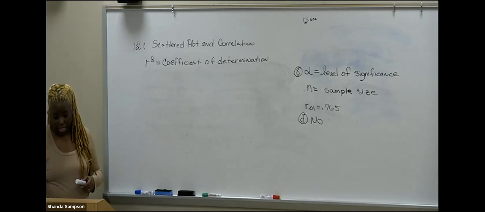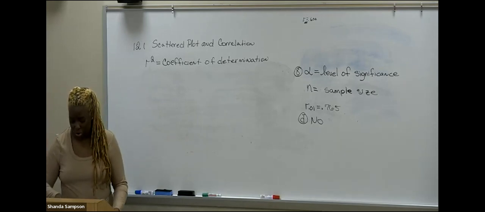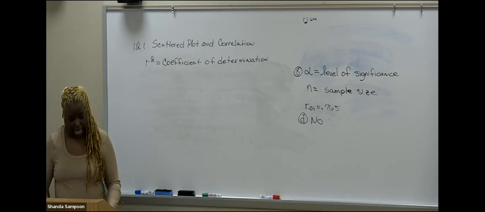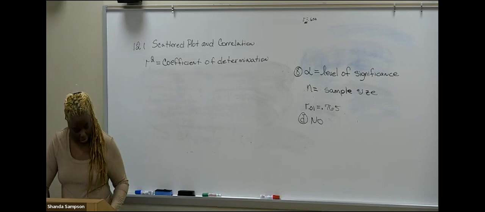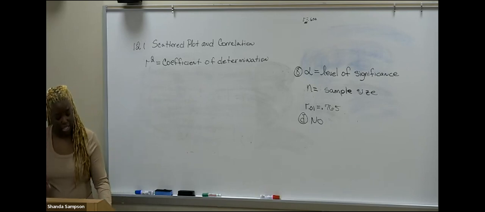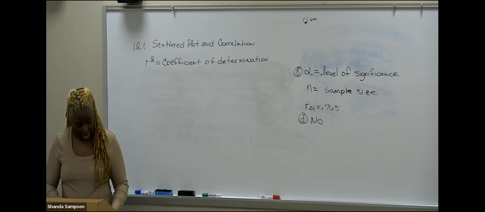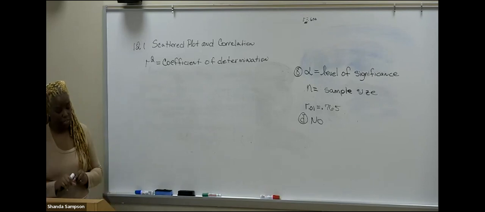So my question might be worded differently, but in the book they say, calculate the coefficient of determination, R squared. Interpret the meaning of R squared for the given set of data. So let's first do the first one. I'm adding on to this, so this would be E. Calculate the coefficient of determination.